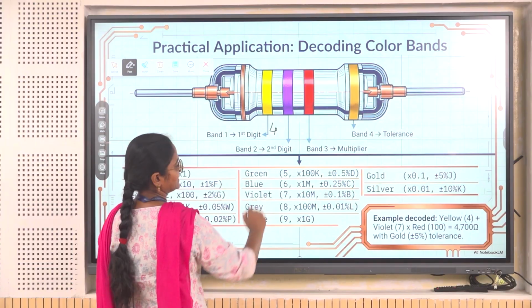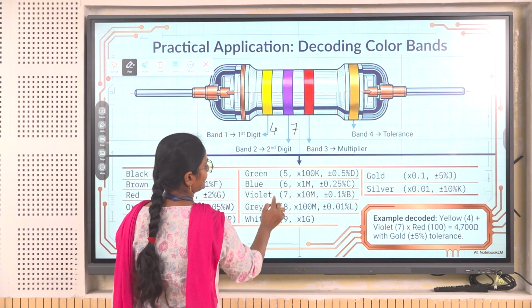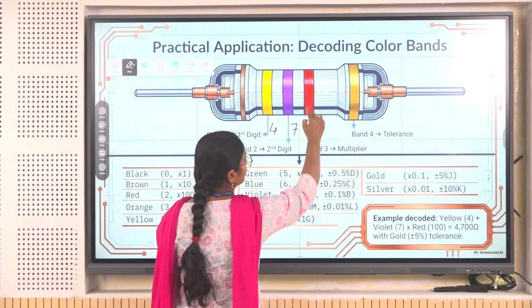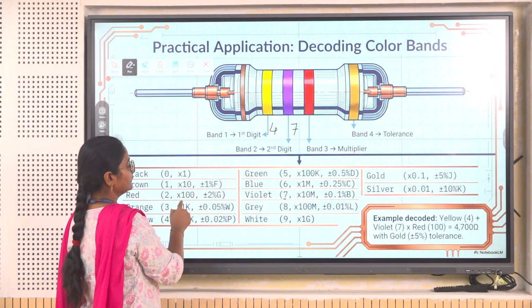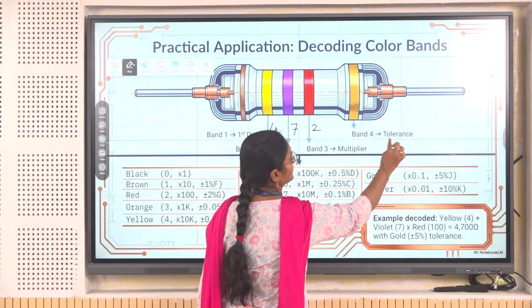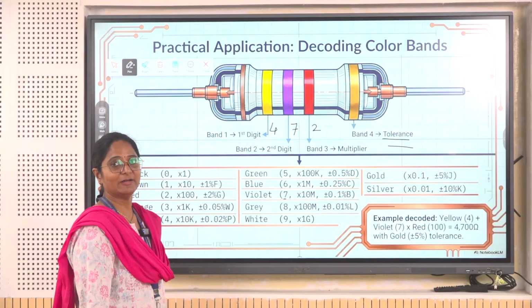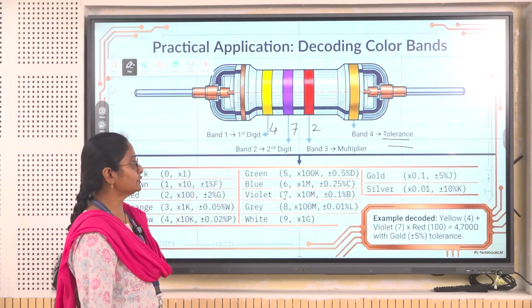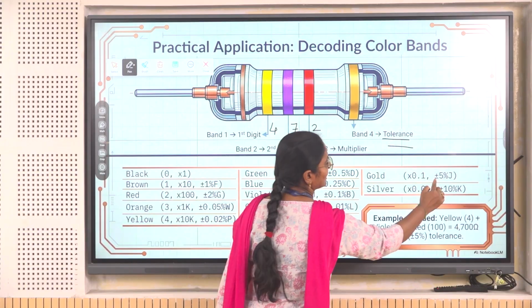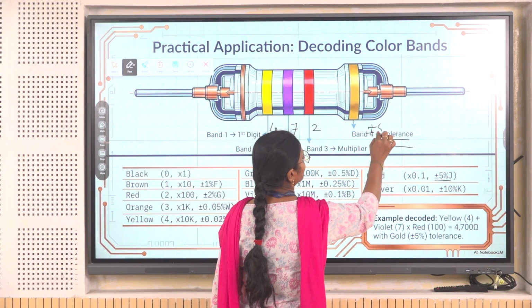The second band is purple, that is violet, and here you have a value of 7. The third band is your multiplier, having a value of 2. The fourth band represents your tolerance, which says that the manufacturing will have a plus or minus variation. Here you have a golden color, and gold has plus or minus 5%.